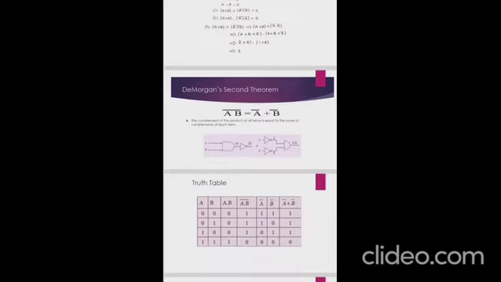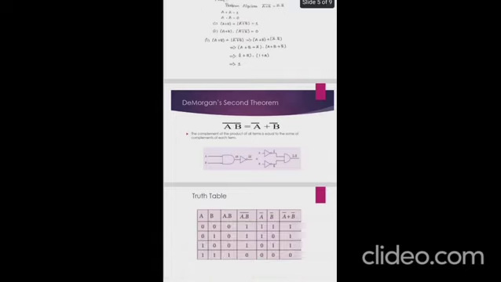So (A + B) dot A bar dot B bar can be written like this: A dot A bar dot B bar, then plus B dot A bar dot B bar. So here A dot A bar is 0, and B dot B bar is also 0. Finally we get the result 0. Hence proved the De Morgan's first theorem.